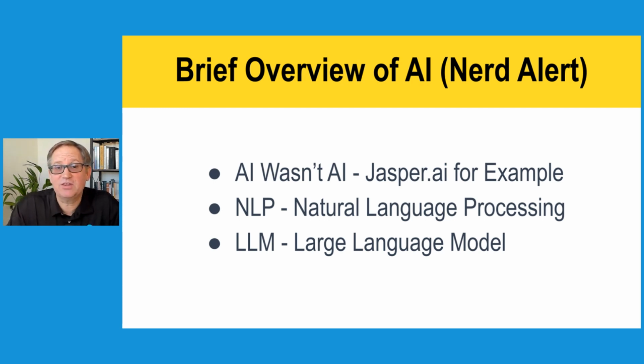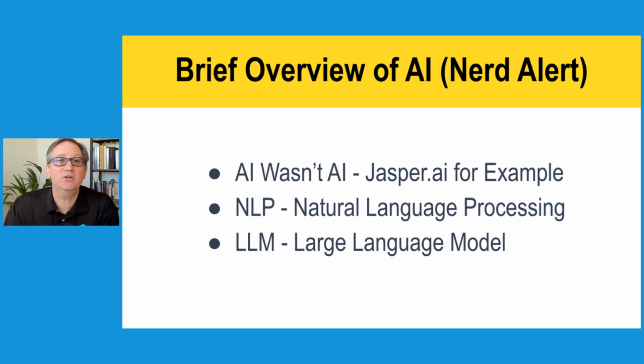The other big thing with AI models: the natural language processing part of the algorithm, that's just the mechanism. That's the algorithm that takes the input, analyzes the data, and puts out the output. LLM stands for large language model, which is the data set. So you have your AI, you have your algorithm, and you train that algorithm with a data set to teach it what you want it to learn about.